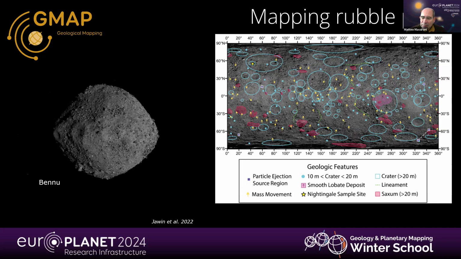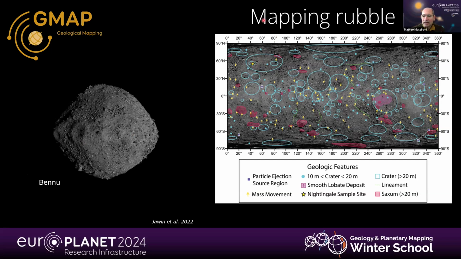Some low-bed deposits, that means some fluid material, and for example, an example of a big area, and the place where OSIRIS-REx collected the material.